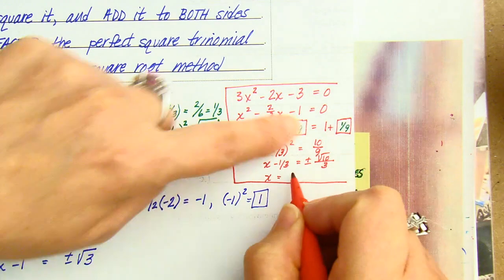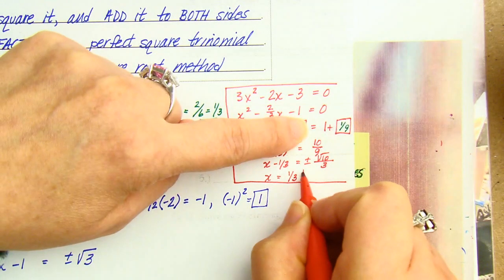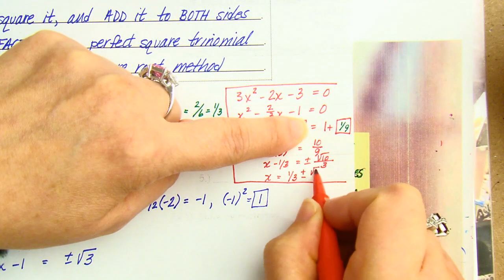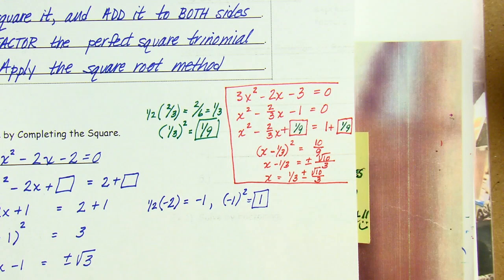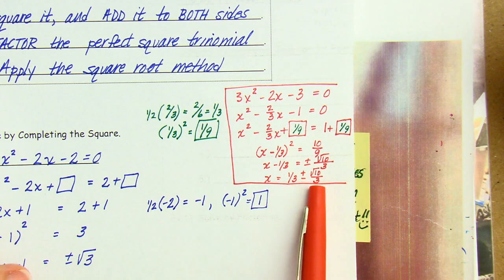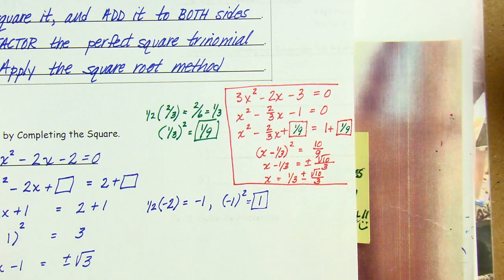So x equals positive 1/3, add or subtract the square root of 10 over 3. Not too terribly difficult, but it is a lot of skills that are involved in order to do this correctly. So again, if your answer is not matching the one in the back of the book, it's because if you have a root 2 in the bottom, you do have to rationalize the denominator. So keep that in mind.